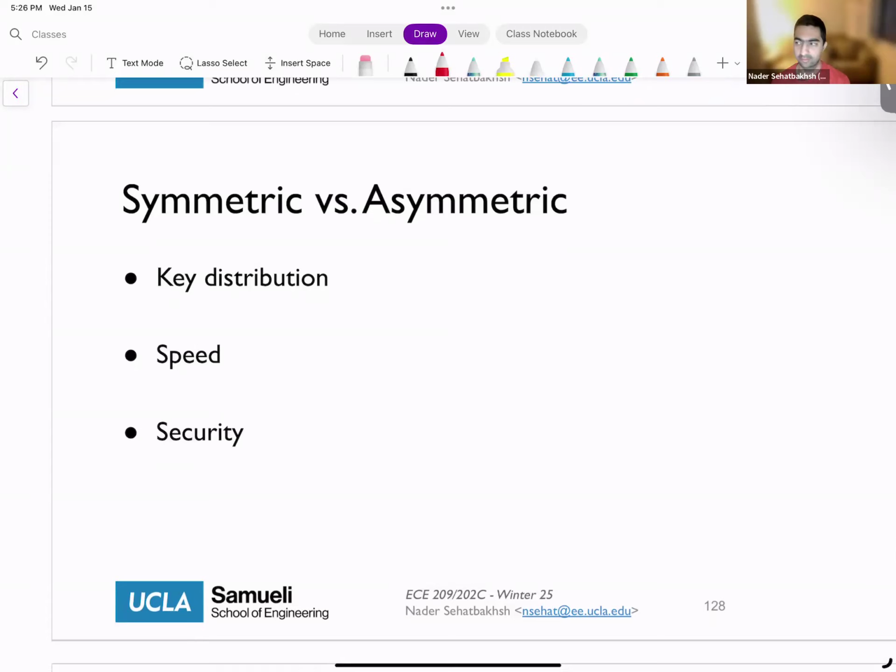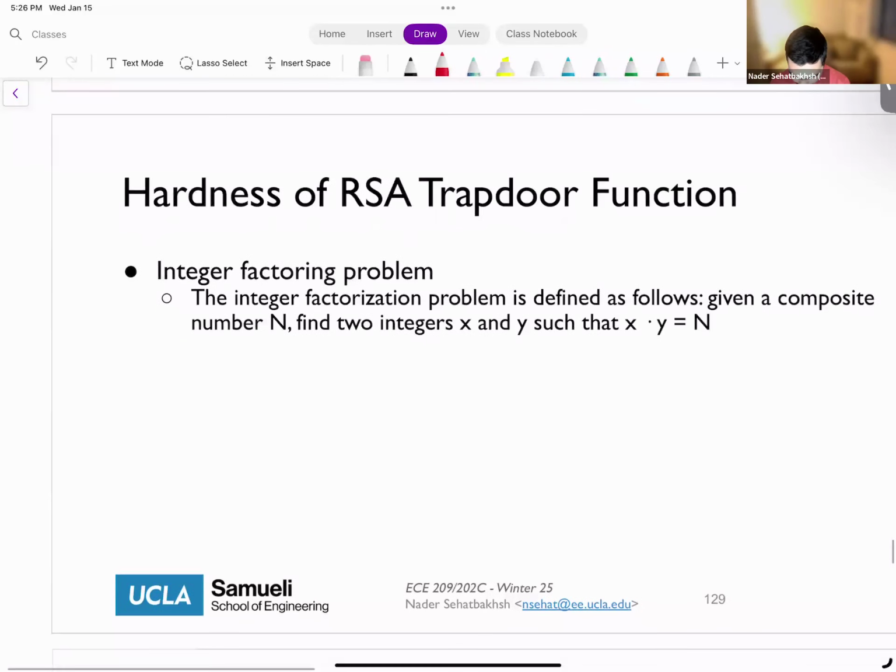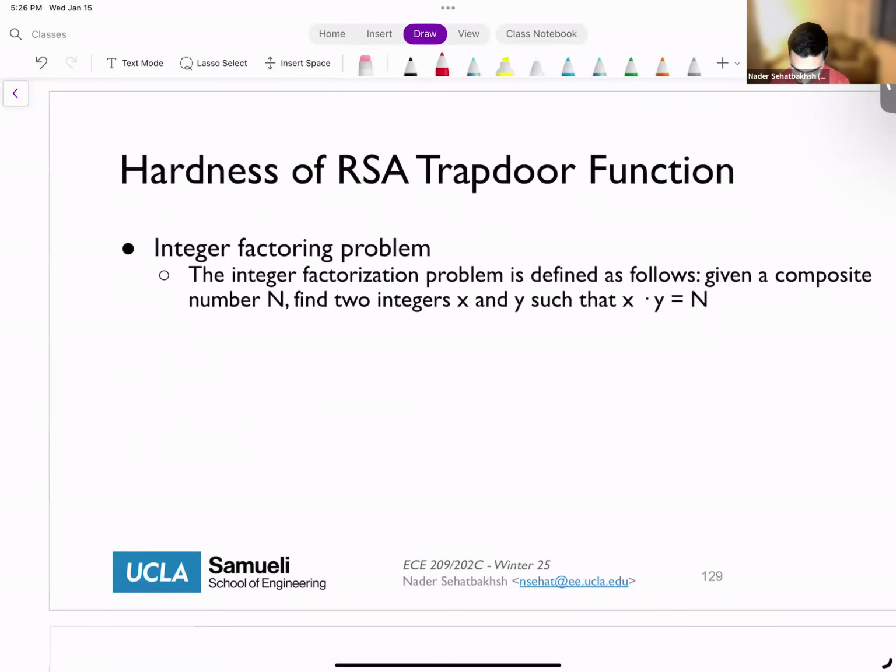Asymmetric is slightly stronger because of chosen ciphertext versus chosen plaintext. And as I said, we already discussed this. The hardness of the RSA trapdoor function is the fact that if I see n, I cannot find x and y such that x and y are prime numbers. If I could do it, then I can basically find p and q.